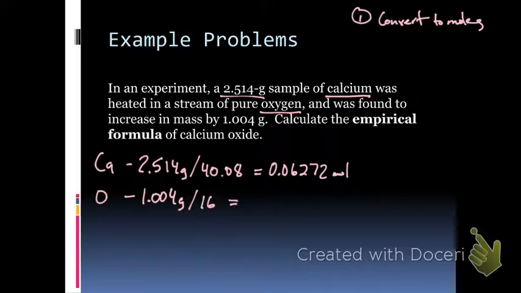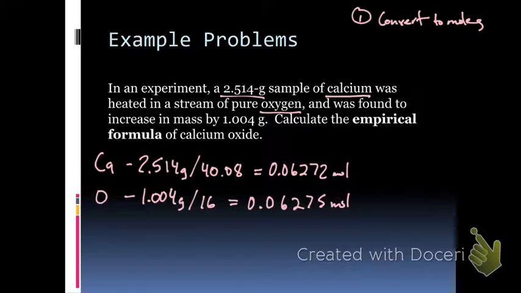Then 1.004 divided by 16 is 0.06275 moles. So what I find is that for this many moles of calcium, I have this many moles of oxygen, right?